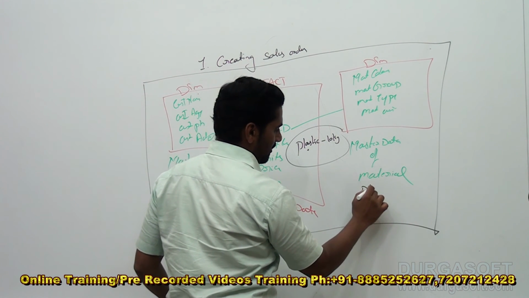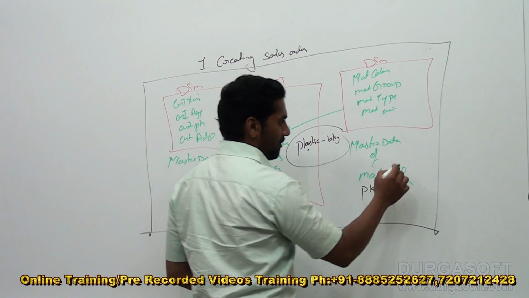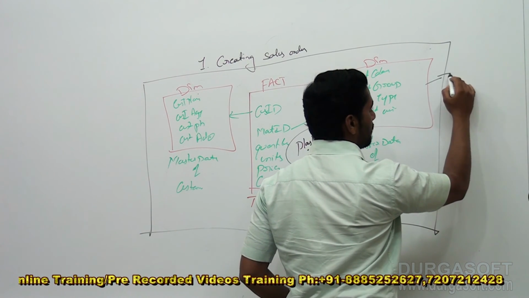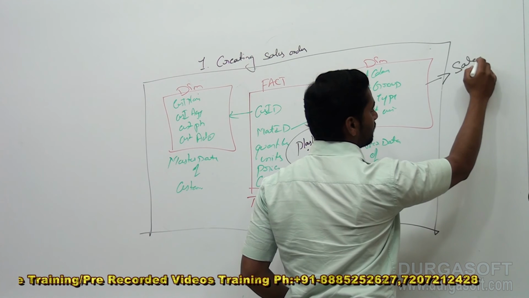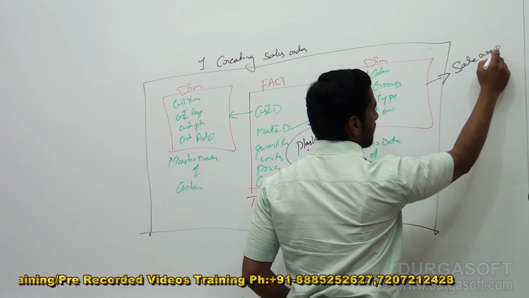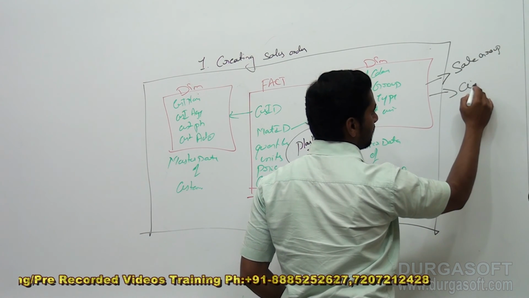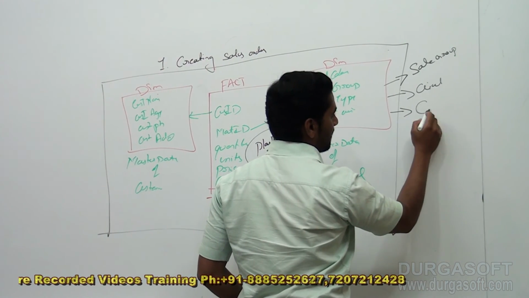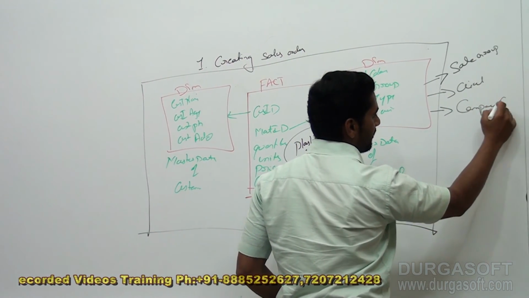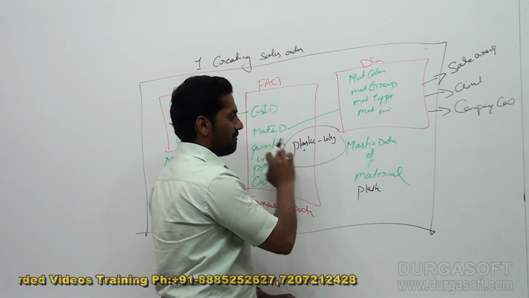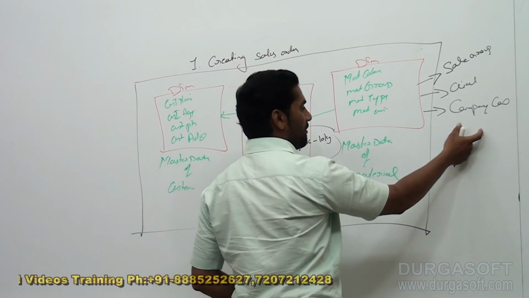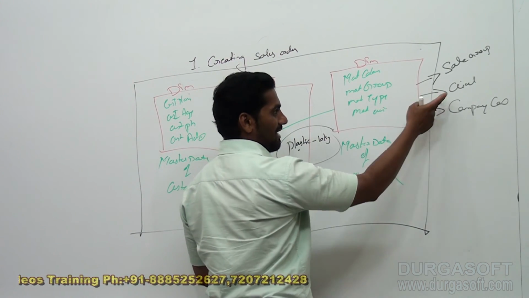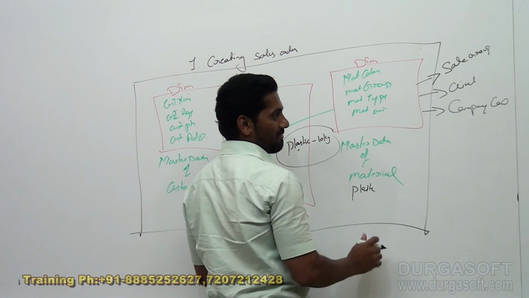This material is produced for a certain sales group, for a certain client, and under a certain company code. Not all companies will produce plastic, only certain company codes will. Again, not all clients will have plastic, only some.